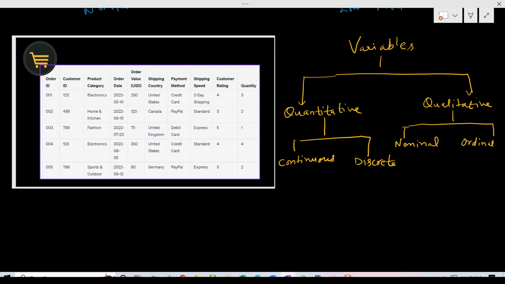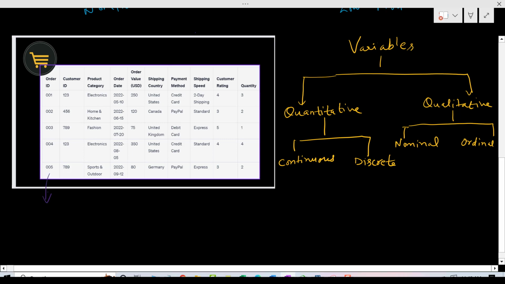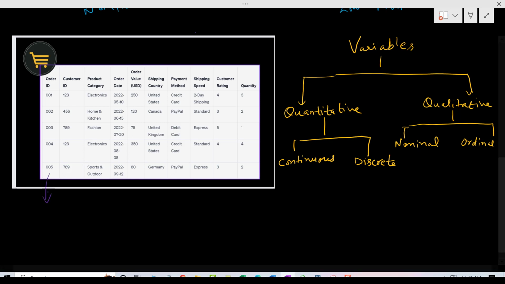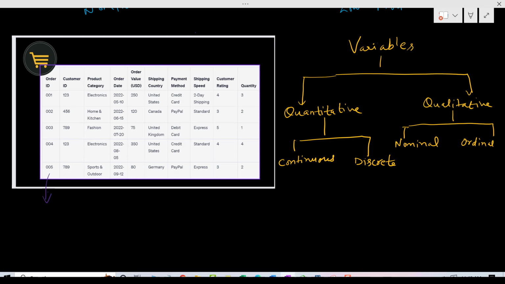At first glance we can find that these variable types belong to different categories, right? Let's together identify the category of each variable. So order ID, let's talk about order ID. What does it represent? Is it a quantitative variable or a qualitative variable? It is not a quantitative variable. It is not quantifying anything.